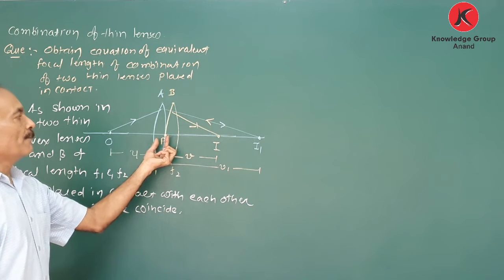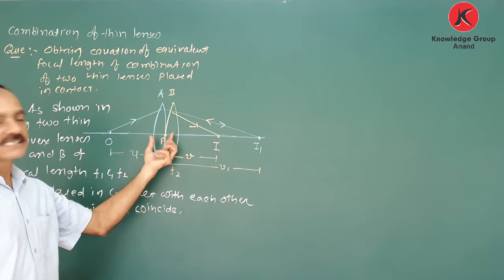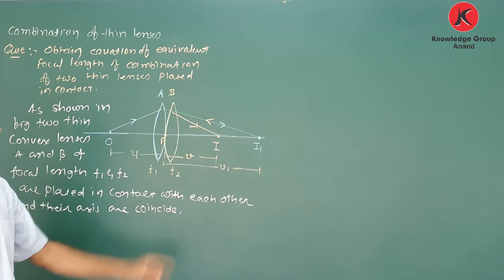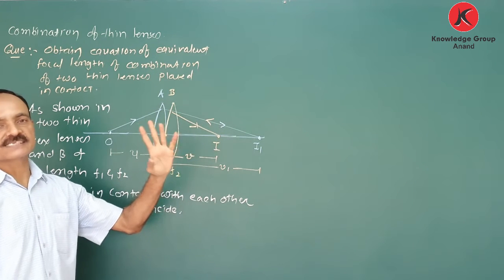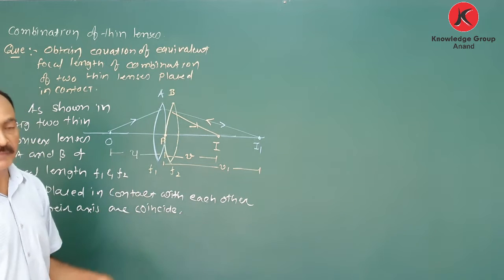Now, the point of contact of these two lenses is known as the contact point, or the optical center. With respect to this point P, all the distances are measured in combination.